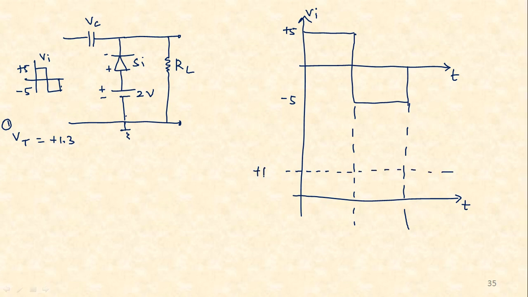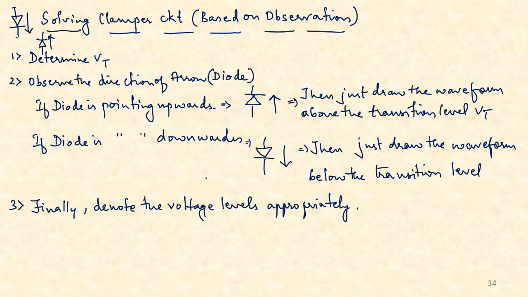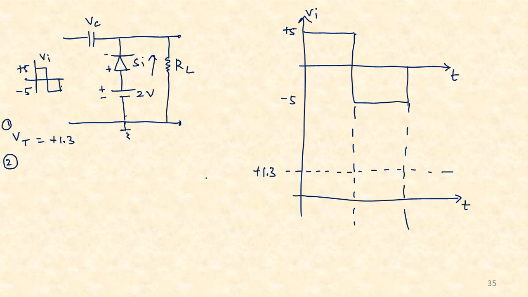So this is common, plus 1.3. Now the second step is purely based on observation, right? In this case the diode is pointing upwards, right? So what does the previous step say? If the diode is pointing upwards, then just draw the waveform above the transition level, as simple as that.